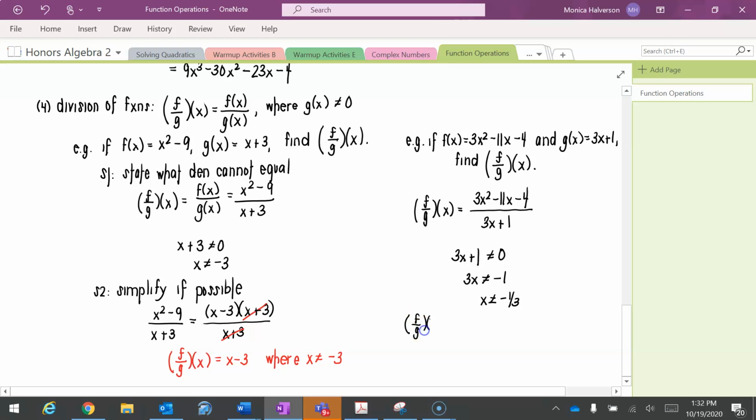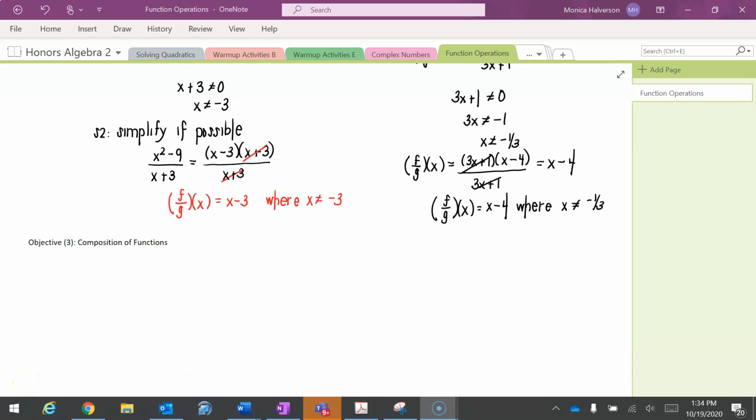So we're going to factor the numerator, and we're going to use the x in the box method and get 3x plus 1 times x minus 4 all over 3x plus 1. So now those cancel out, and you get x minus 4. All right, so f divided by g of x is equal to x minus 4, where x cannot equal negative 1/3. Excellent.